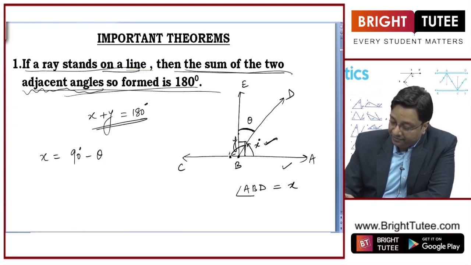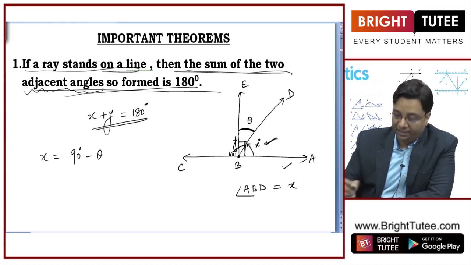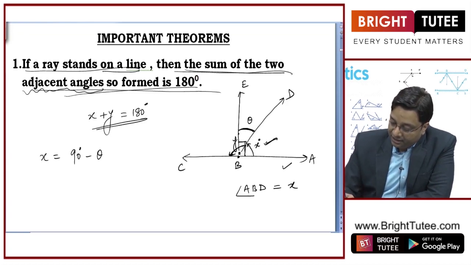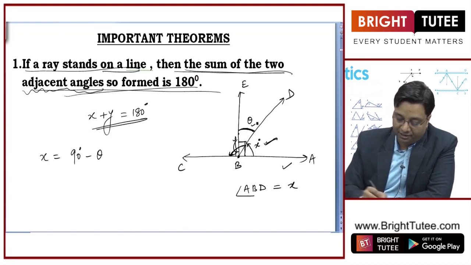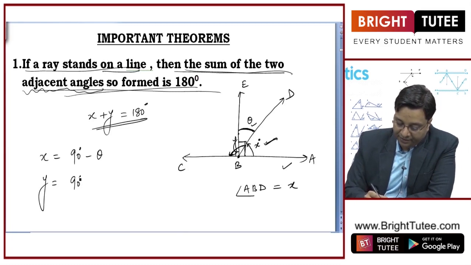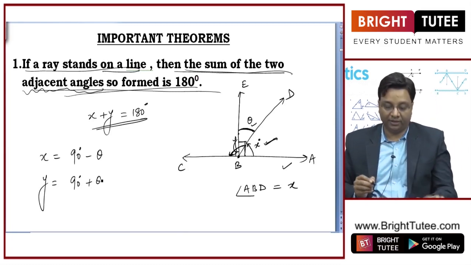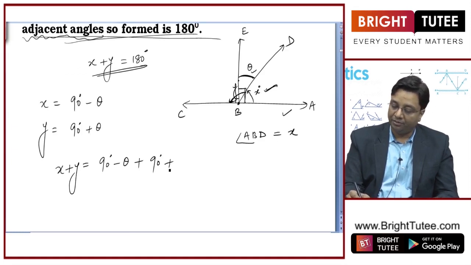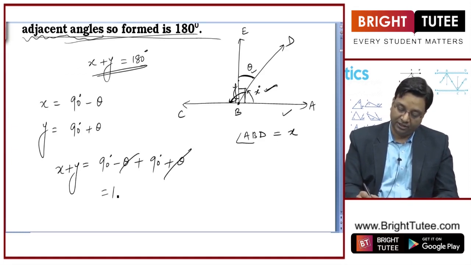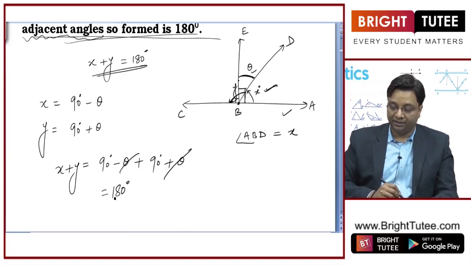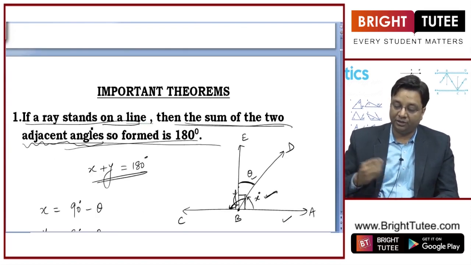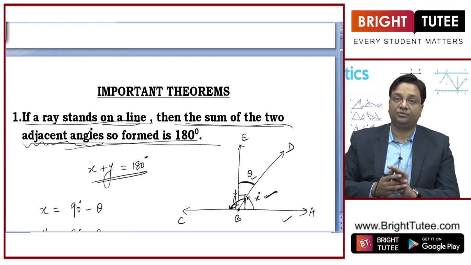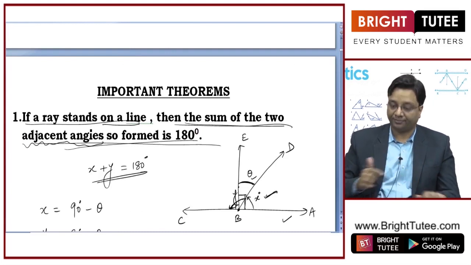This angle is also 90 degrees, so angle y is 90 plus theta. Now if I add these two, x plus y is equal to 90 minus theta plus 90 plus theta. Theta cancels, so it is equal to 180 degrees. So if a ray stands on a line, then the sum of two adjacent angles formed is 180 degrees.